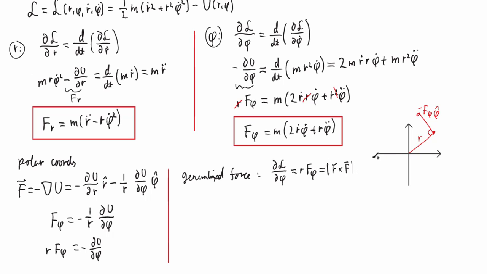You should be able to see that relatively easily. It is equal to the torque. So the generalized force in this case, for the phi variable, is torque. And you already probably know that torque is the rotational analog of force, but here it falls out very naturally from Lagrange's equation.